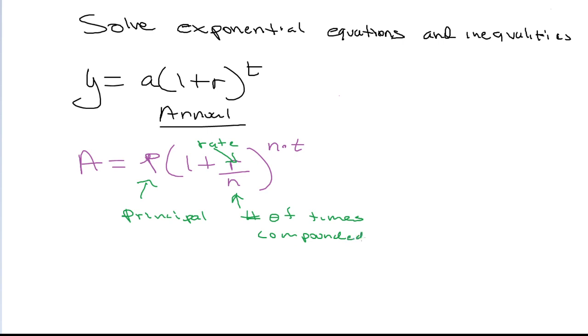How many times is it compounded in a year? That's n. And t stands for time in years. So keep that in mind. If it's 6 months, it's 0.5. This is time in years. A is for the current amount, or the amount you would like to earn.